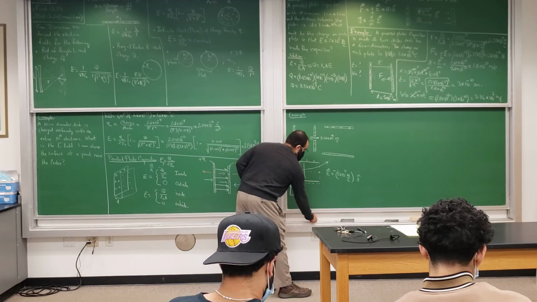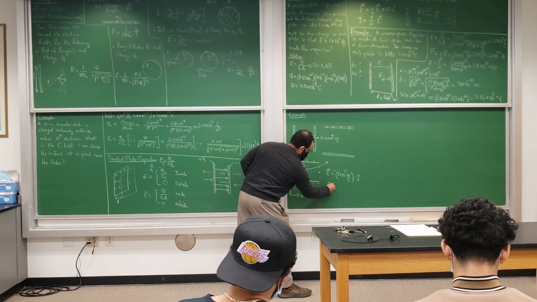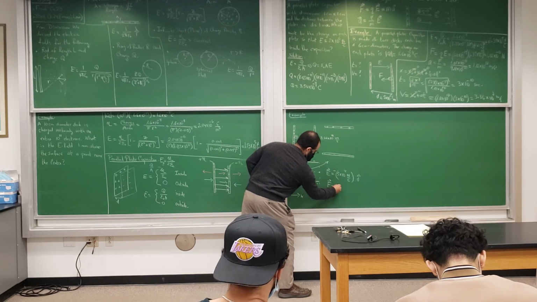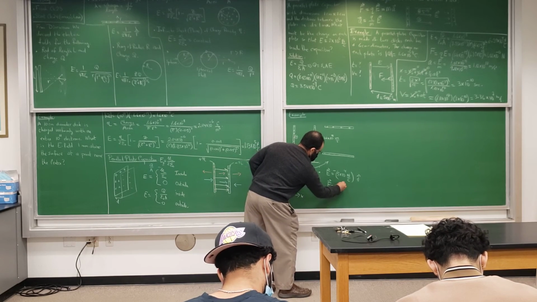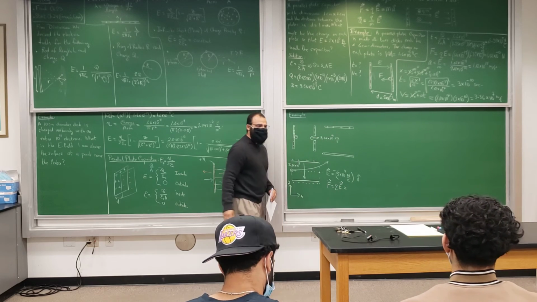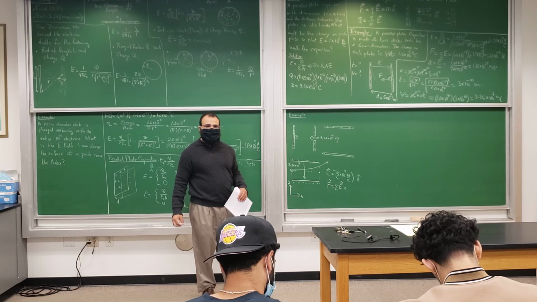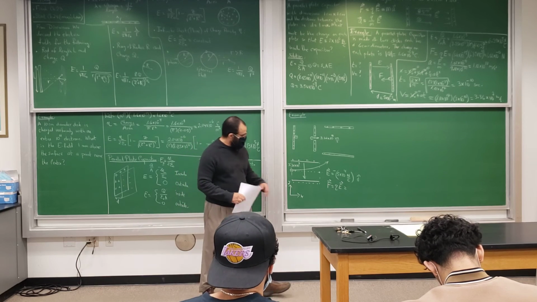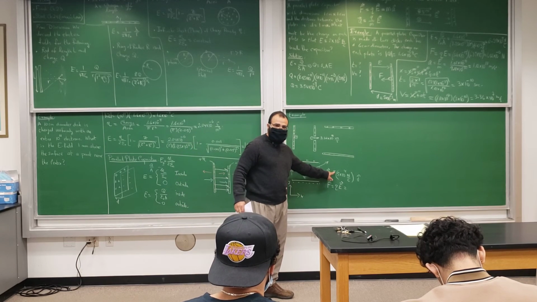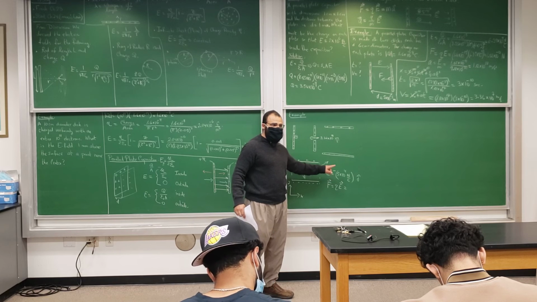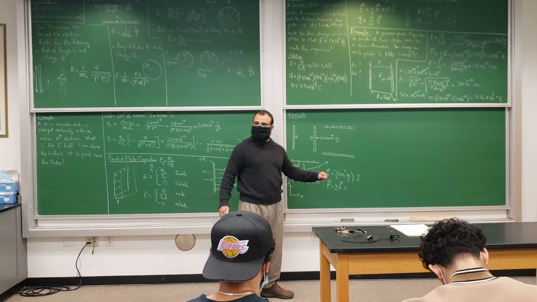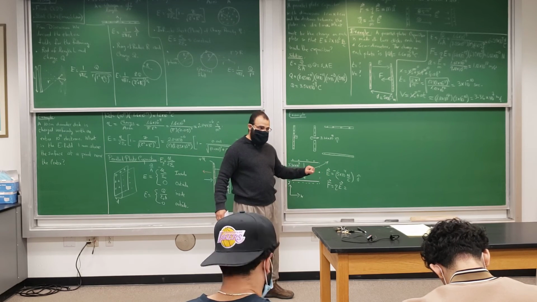So let's figure out what the force is. The force would be the charge times the electric field. Since I'm dealing with vectors, I'm going to write the fact that the charge is negative. The electric field is negative, the charge of an electron is negative, so minus times minus will give me a plus.